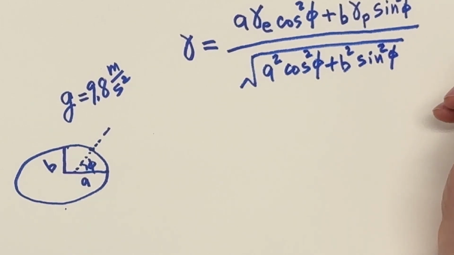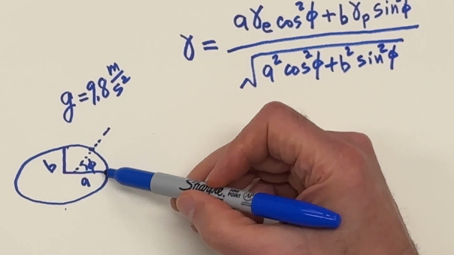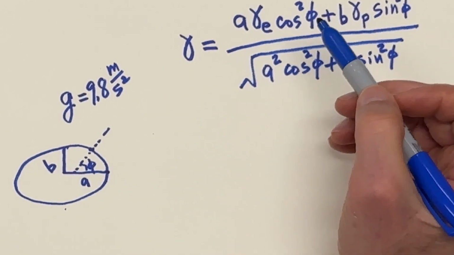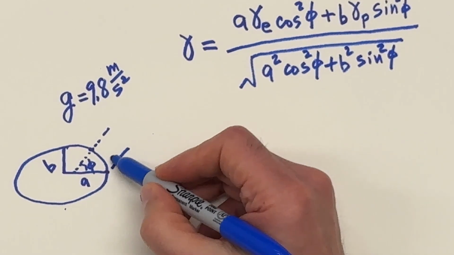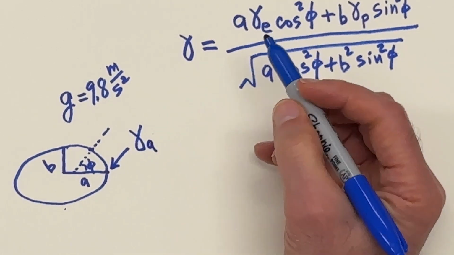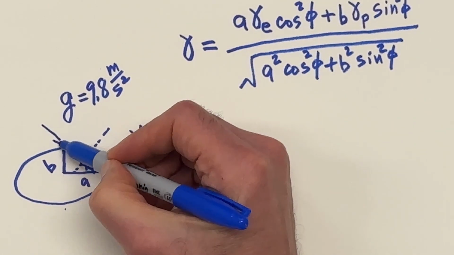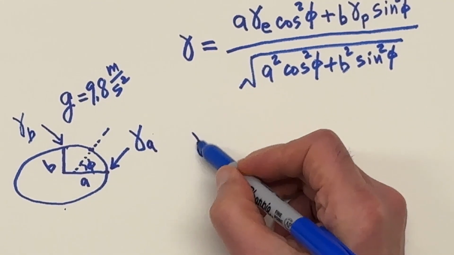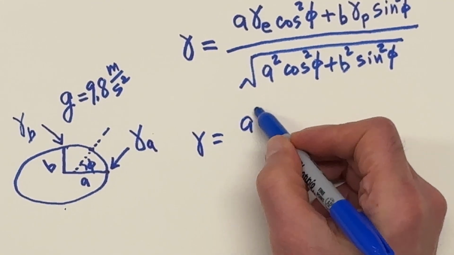Cool formula. The A goes with the gravity at the equator, and some folks like to refer to that gravity as gamma sub A. And over here, gamma sub B. So you could write it that way if you like.